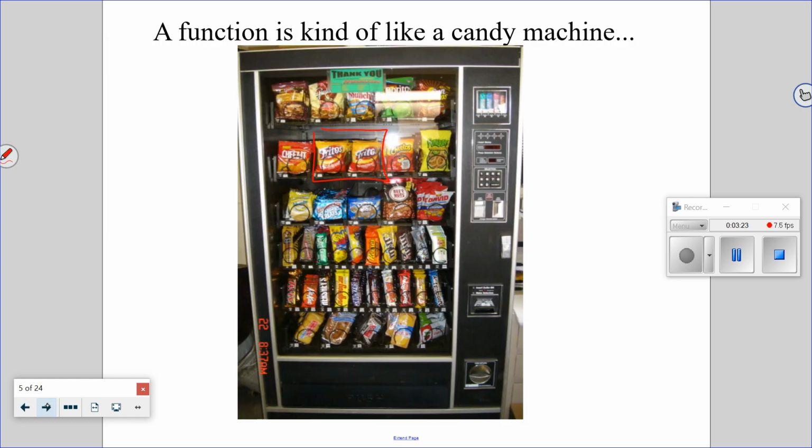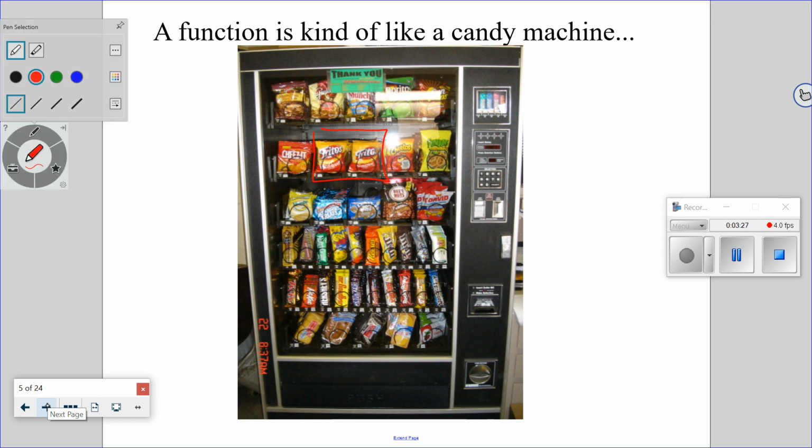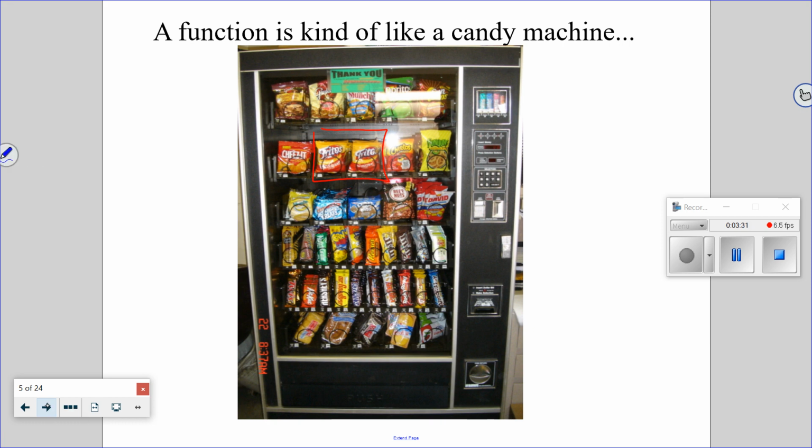This becomes especially obvious if you think of a function as a candy machine. The coins and the code that you're putting in, that's the x value, the domain, the input. And the treat that you're getting out is the y value, the output. If you and your friend punch in the same code, you better get the same treat out, right?